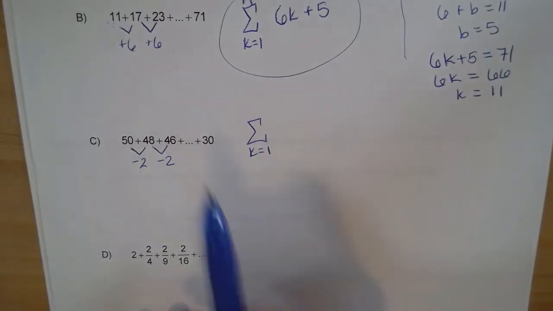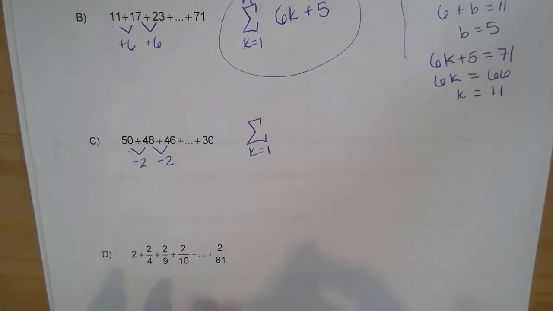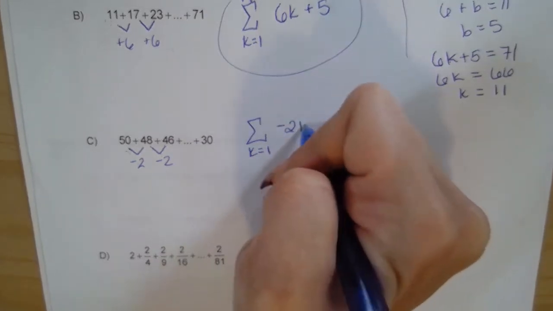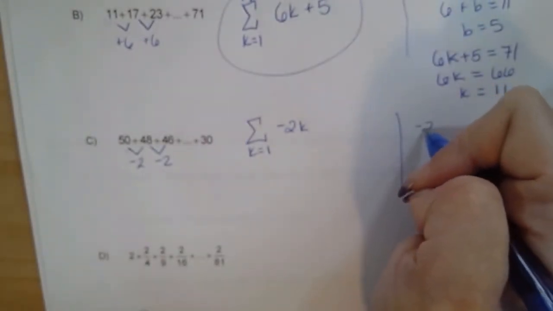Okay, so remember that this change here is the slope of our linear equation. So far I have negative 2k. And with my side work, just like I did before, I'm going to say negative 2.